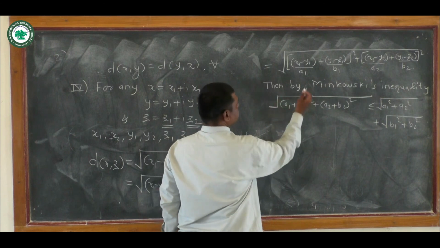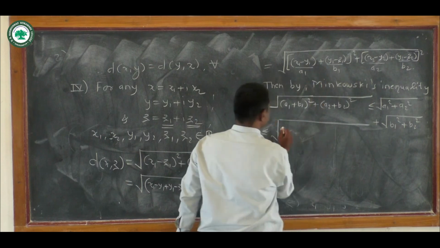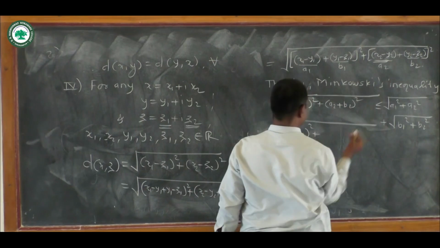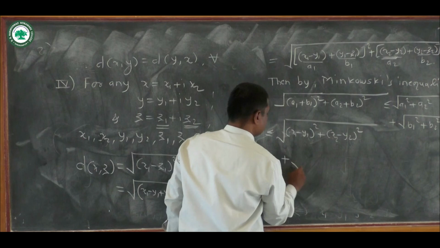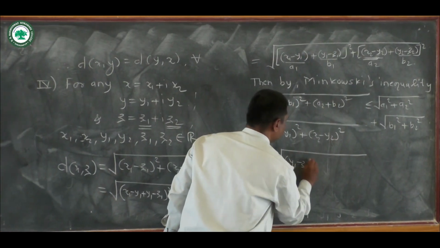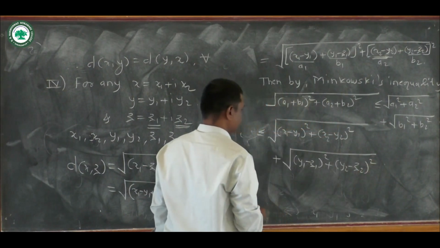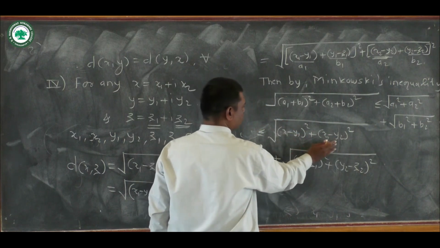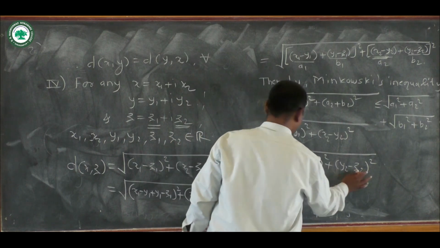Using this inequality we write square root of (x1 minus y1) square plus (x2 minus y2) square plus square root of (y1 minus z1) square plus (y2 minus z2) square. Actually this is nothing but the definition of d of x comma y, and d of y comma z.